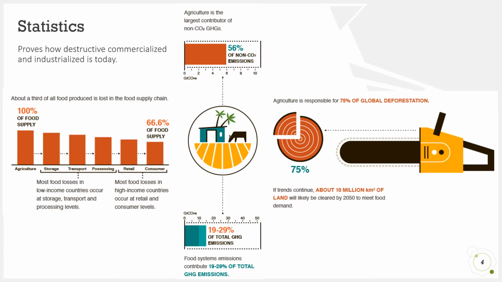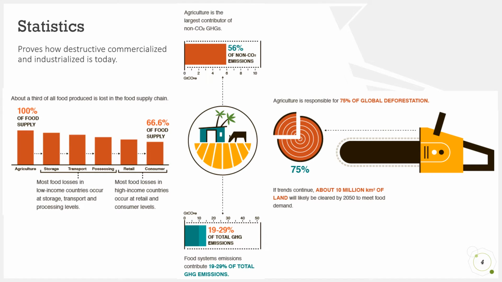So these are some statistics I found. About a third of the whole food that is produced is lost in the food supply chain. So even though you have 100% of the food when you obtain it from your farm, somewhere during transportation or processing and retail, it's lost.